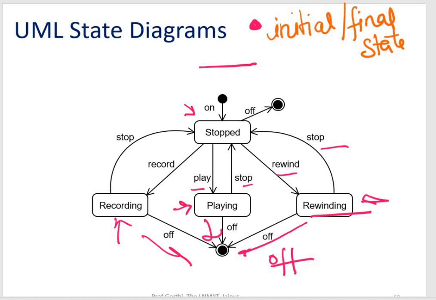In this, the solid circle is nothing but the initial or final state, and the solid arrows are the transitions.